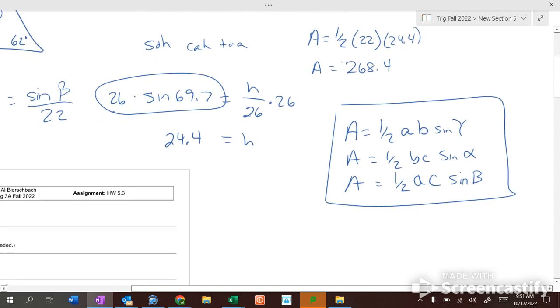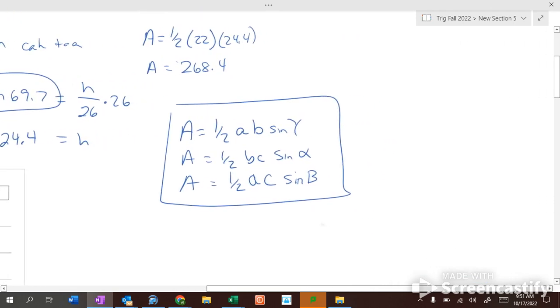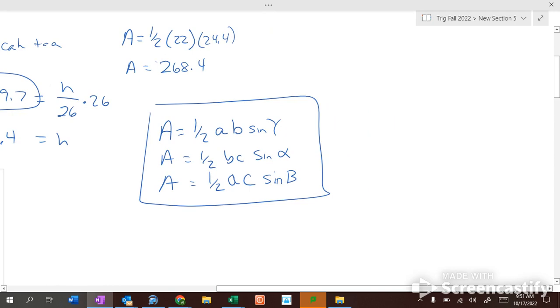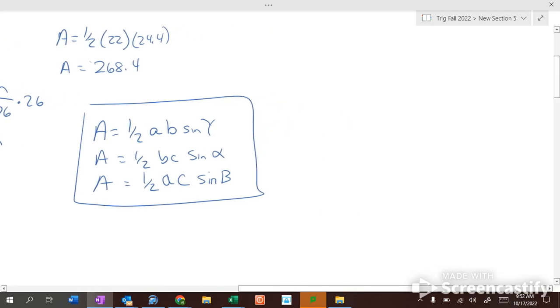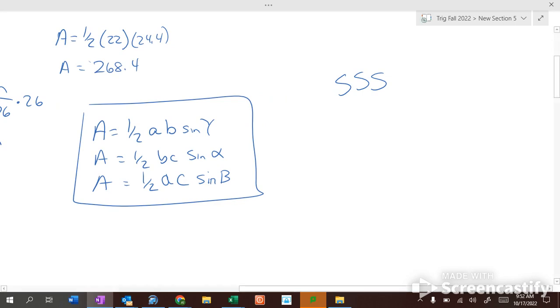Okay, but these are the 3 formulas for finding the area of a triangle if we have side, angle, side, angle, side, angle, angle, angle, side, things like that. What if we have side, side, side? Then what do we do? Well, if we have side, side, side, then we're going to use what's called Heron's formula. What we have to do is find S first.